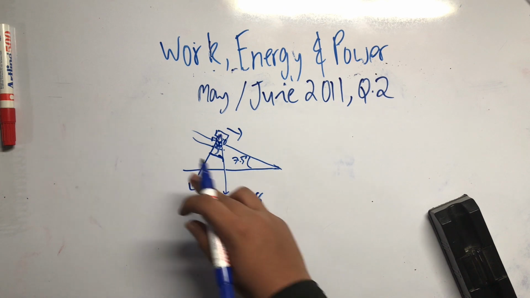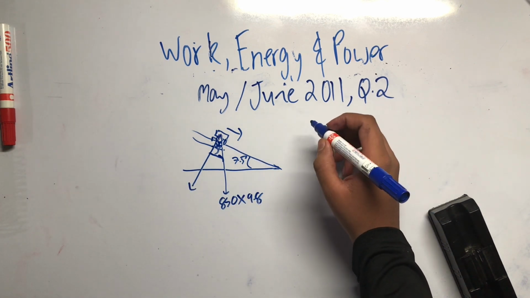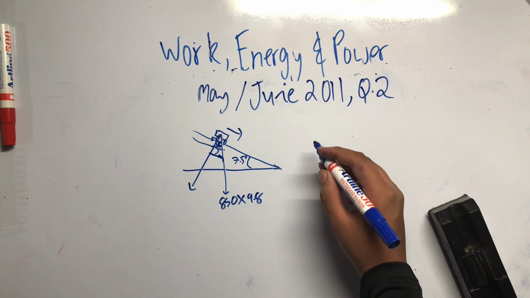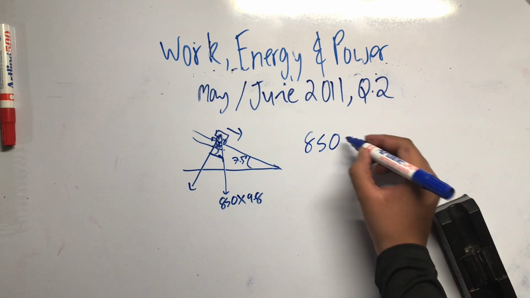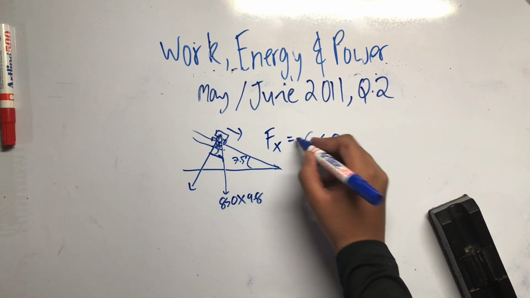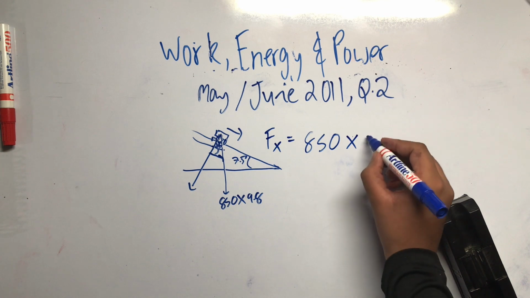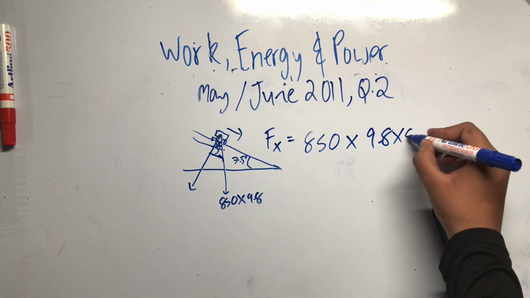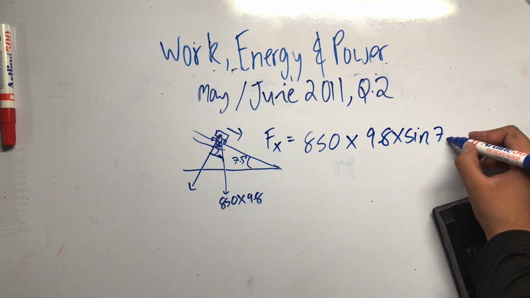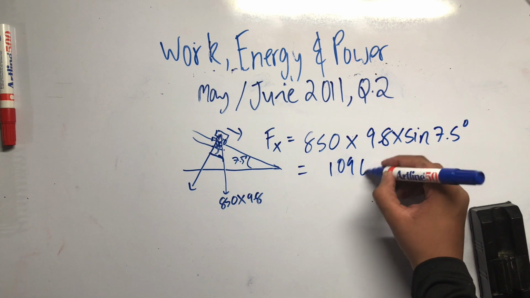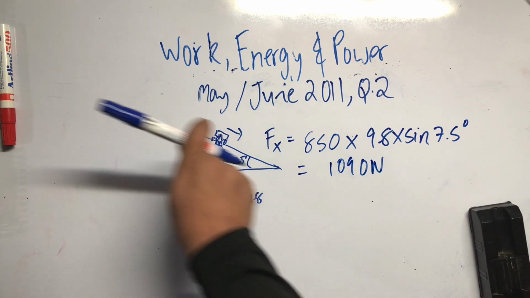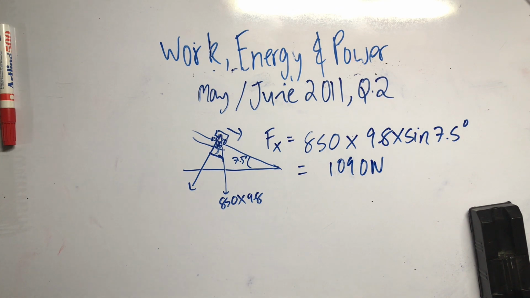Hence the one along the plane, Fx, is equal to 850 times 9.8 times sine of 7.5 degrees, which is equal to 1090 newtons. The force acting down along the line of the inclined plane due to the weight of the object is 1090 newtons.